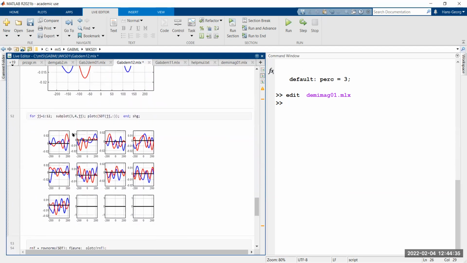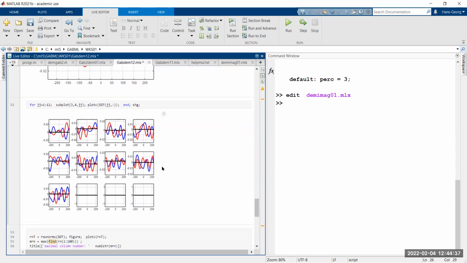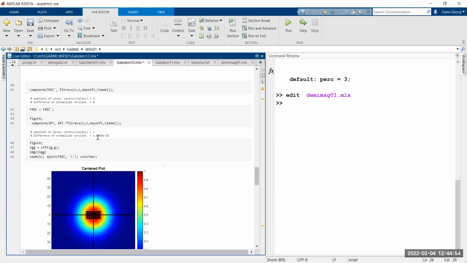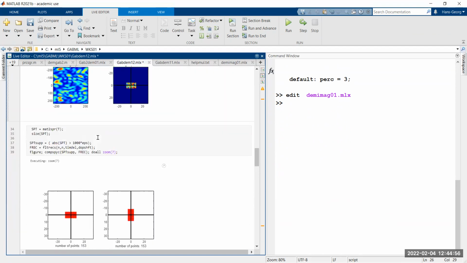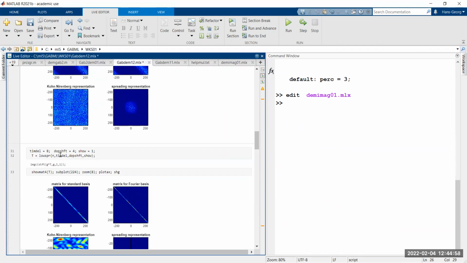And if I look at the collection of all these side diagonals, I see they all are very smooth and very similar. Well, and after number 9, we are allowed, except from the central position, to shift by 8. And remember, we had a parameter here with time frequency shift 8 and 4. And so, well, maybe we can increase this.